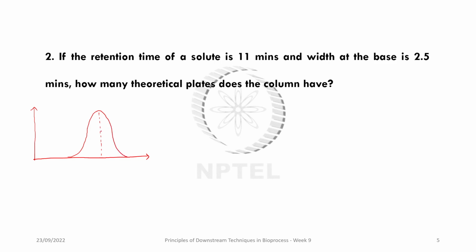Now let's assume this is a Gaussian distribution. So TR equal to 11 minutes and width at the base is 2.5 minutes.